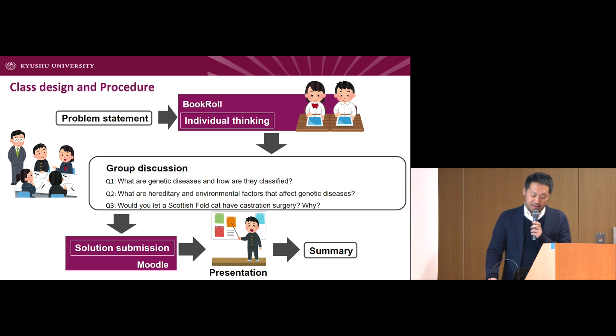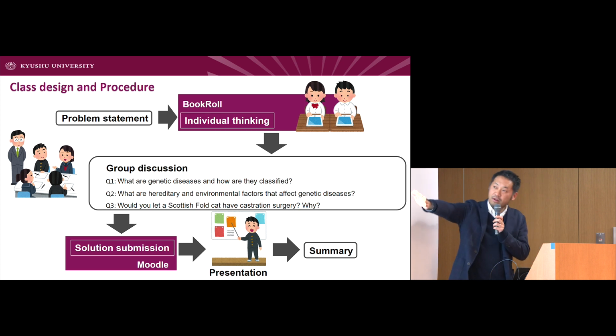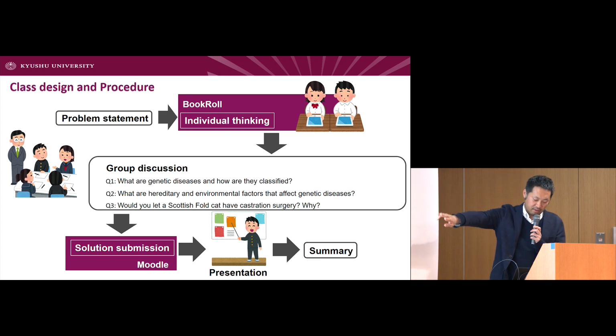This is the flow of the instruction. The teacher first introduces the theme and topics of this problem, and students learn from the textbook using BookRoll individually. The teacher formed several groups for discussion and asked the students to discuss three questions. After the discussion, students were asked to submit their answers and solutions on Moodle.